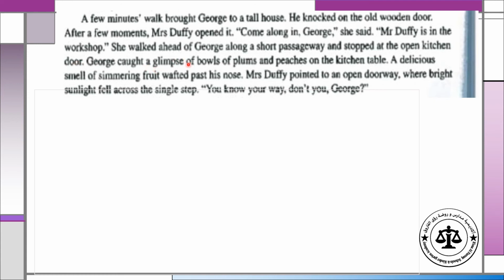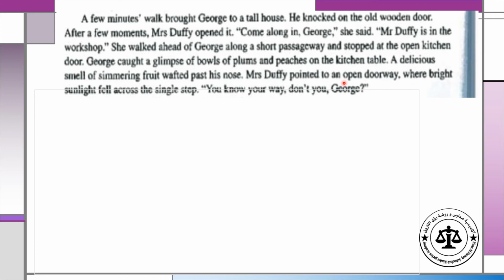George caught a glimpse of bowls of plums and peaches on the kitchen table. إذن هو caught a glimpse, لمحة سريعة أو نظرة سريعة, للبولز الأطباق تاعت الخوخ والدراق الموجودة بطاولة المطبخ. A delicious smell. Delicious, this is the adjective that describes the smell. الرائحة طيبة of what? Of simmering fruit, الفواكه المغلية. Wafted past his nose. His refers to George.